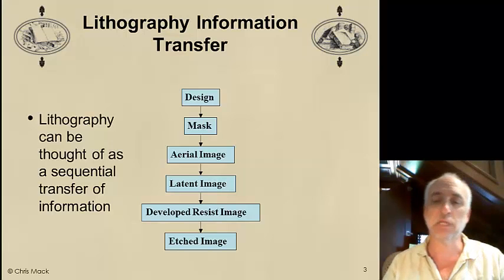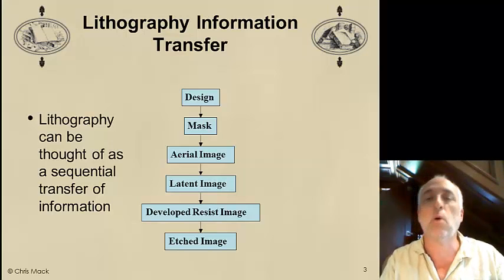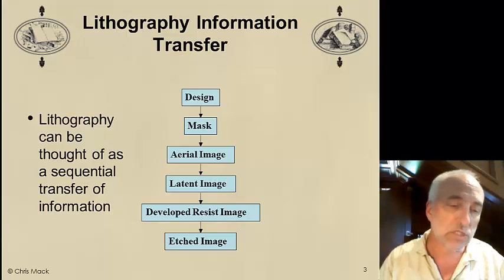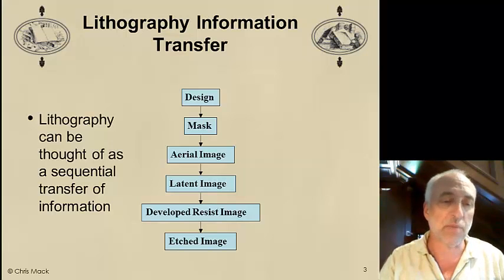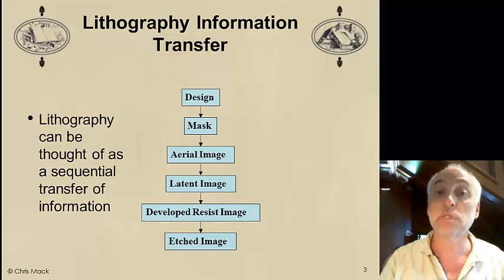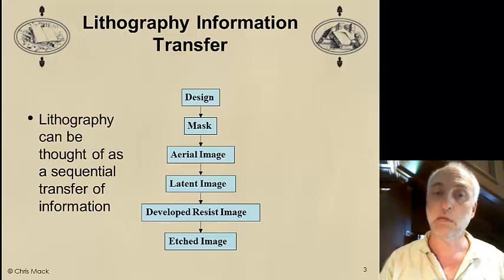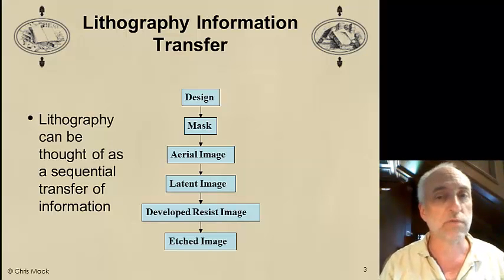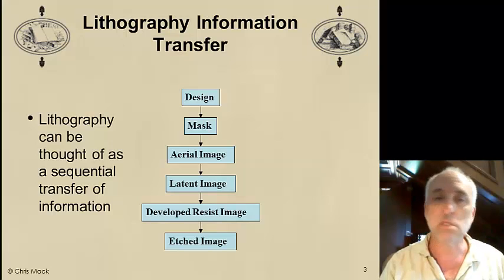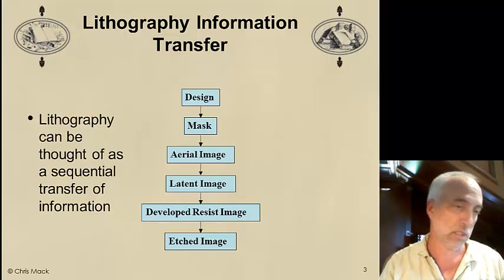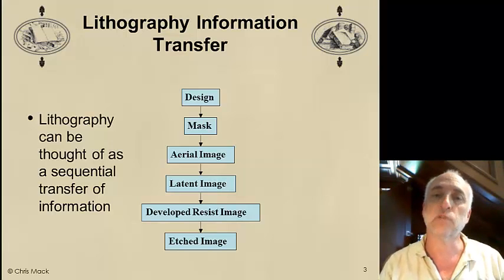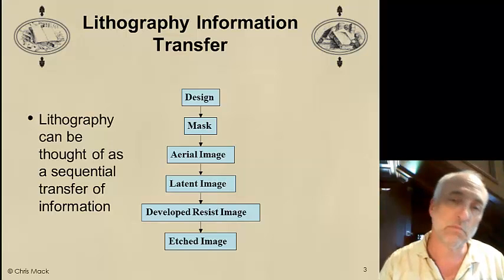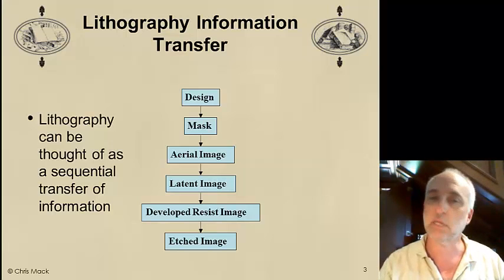Now this may seem a little strange until you go all the way back to the beginning. When we start to think about patterning, the first thing that we have is a design. A design is nothing more than a computer file. It has ones and zeros saying, well, this is where I have a rectangle, and inside the rectangle this is where I want metal to be, and outside the rectangle that's where I want metal to be gone, for example.